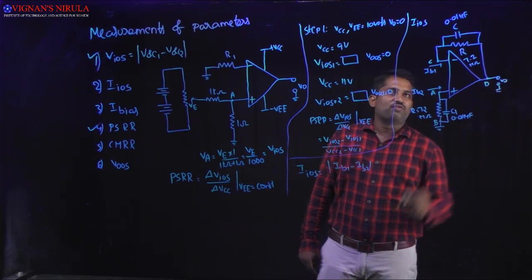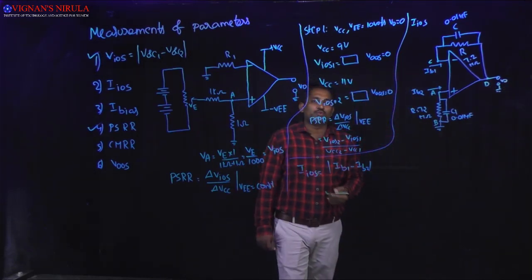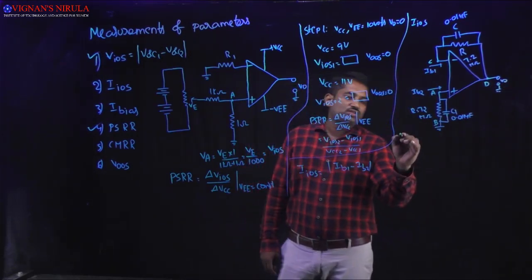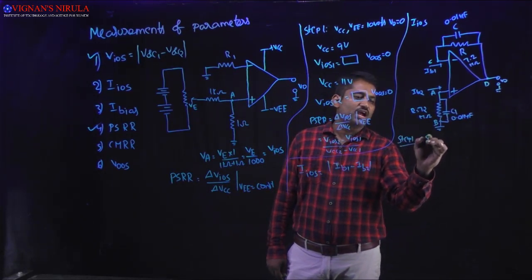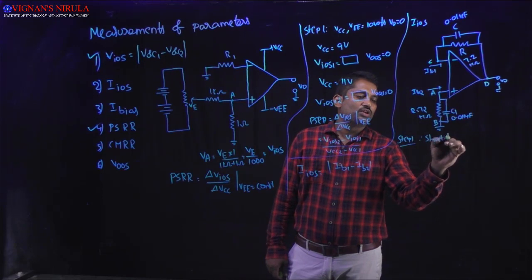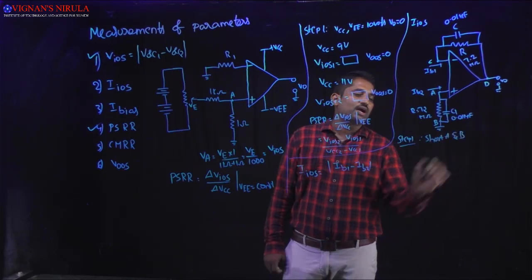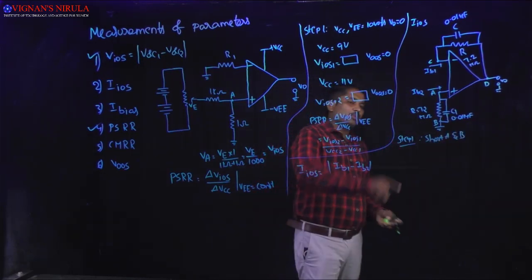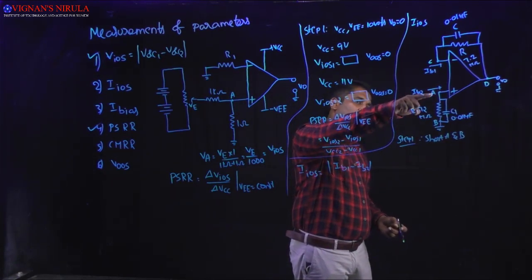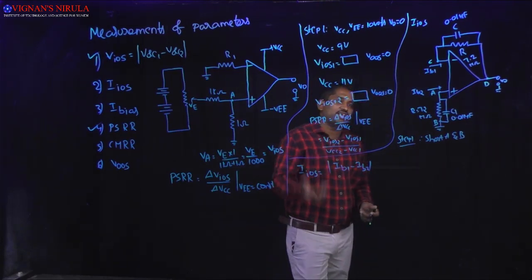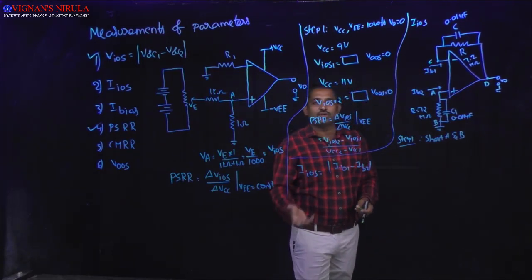Now for the calculation of input offset current, step 1 is to short A and B. If you short A and B, what happens? B is at potential 0, so automatically the potential at A is also equal to 0.